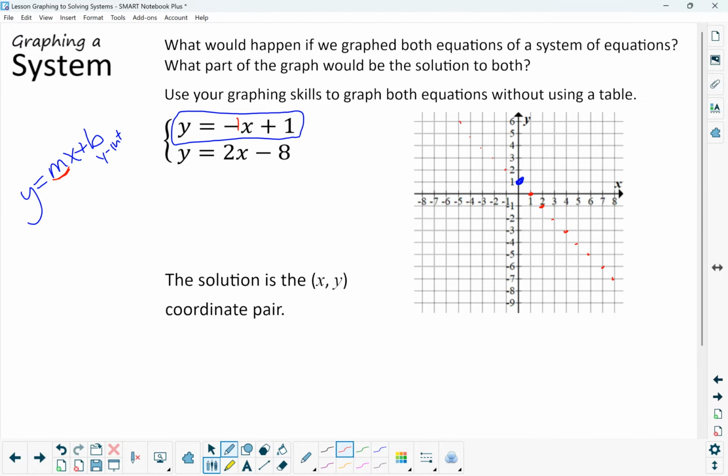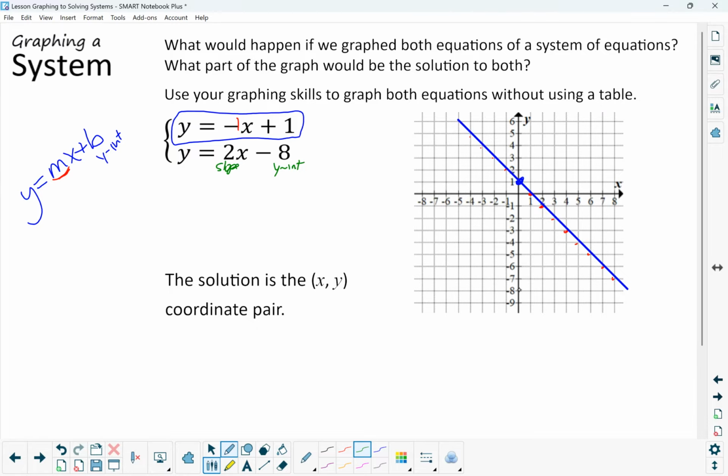It's really hard on my tablet to draw a straight line, so I am going to use a straight line tool because I can, and because I'm so bad at drawing straight lines on a tablet. Okay, so there's our first equation, our first graph. And then our second graph, y equals 2x minus 8. This has a y-intercept of negative 8 and a slope of 2.